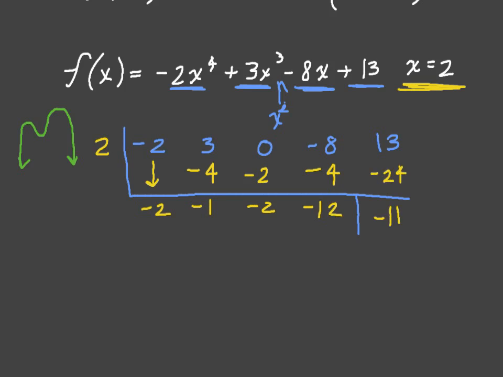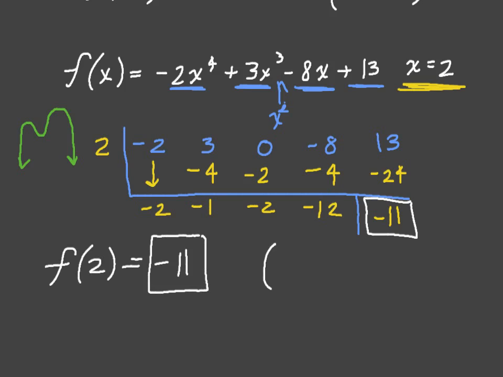So there we go, that is our function value. So we know that f of 2 equals negative 11. In other words, you have a point on your function at (2, negative 11). It's just kind of nice to also think of it as an ordered pair. I'll have you doing that on the next page, so I'm getting you warmed up for this.